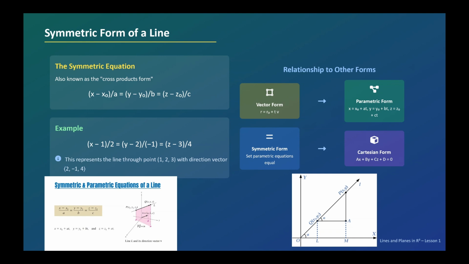We write it like x minus x naught over a equals y minus y naught over b equals z minus z naught over c. This form is great when we want to compare two lines to see if they are parallel, because the denominators tell us the direction ratios.